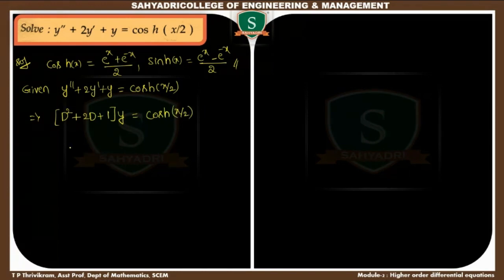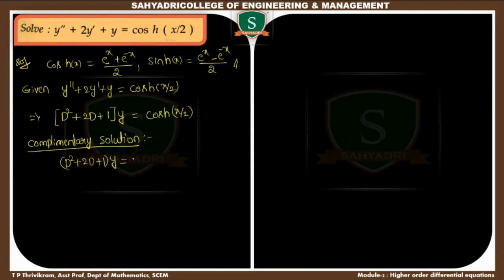Okay, now I'll find the complementary solution, which is nothing but taking the left hand side equal to 0. So (D square plus 2D plus 1) y equal to 0.